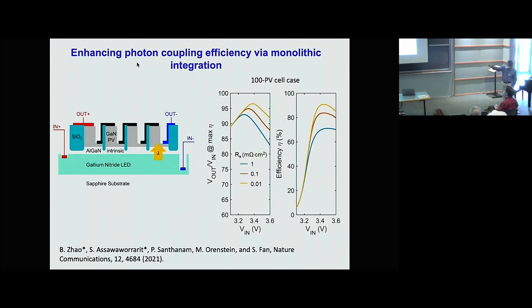So you could imagine constructing, for example, based on a gallium nitride platform, a light emitting diode and photovoltaic cell entirely integrated on a single chip to achieve, these are theoretical calculations, a voltage conversion ratio approaching 100 with about 90% efficiency, which is a performance that is very competitive against a standard switch mode converter, but without all the limitations of those systems.